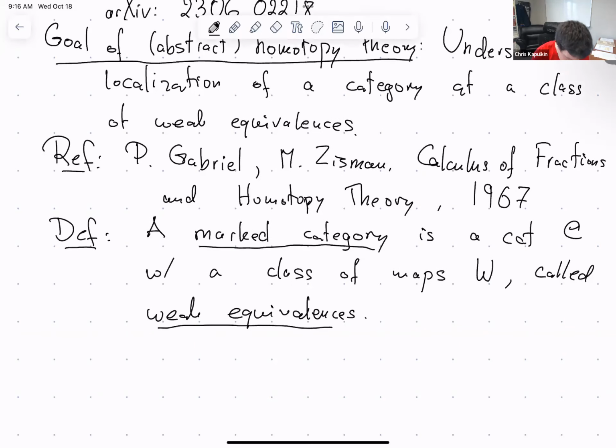And what we want to understand is the localization of that category at the class of weak equivalences.